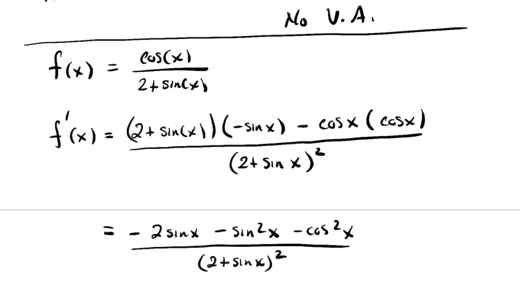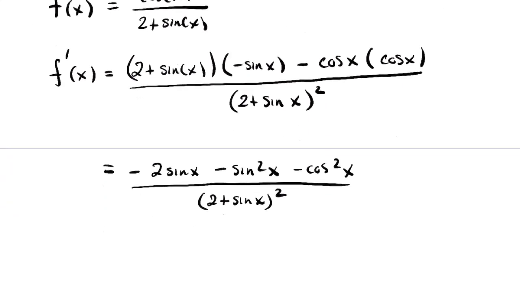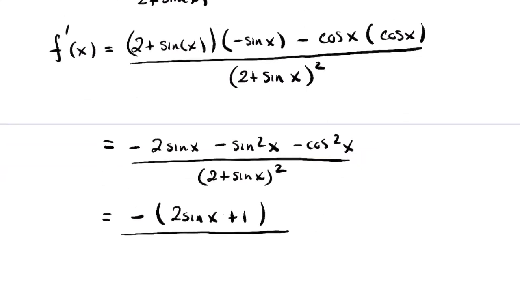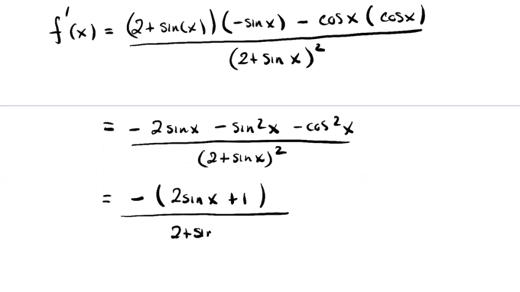Yeah, and if you factor out a -1 out of that numerator and use the fact that sine squared plus cosine squared is equal to 1, that thing will simplify a little bit. You'd have minus the quantity 2 sine x plus 1 all over 2 plus sine x squared. All right, and that's a pretty nice form for us to analyze.